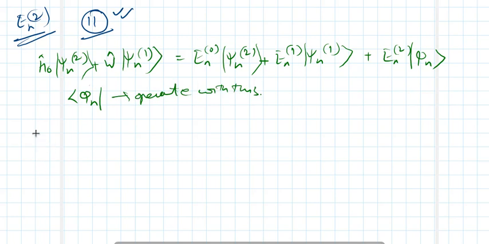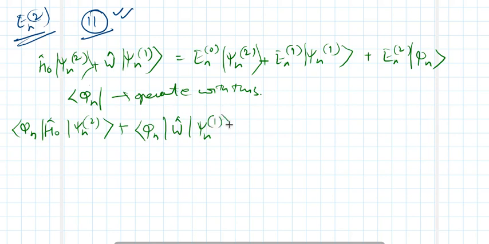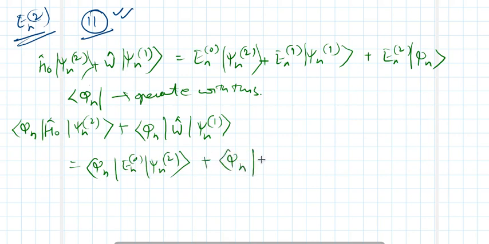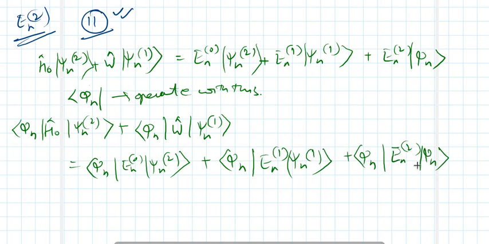So if I operate with it, then it will become phi n H psi n2 plus phi n W psi n1 must be equal to phi n En0 psi n2 plus phi n En1 psi n1 plus phi n En2 phi n, right? That's what I did.